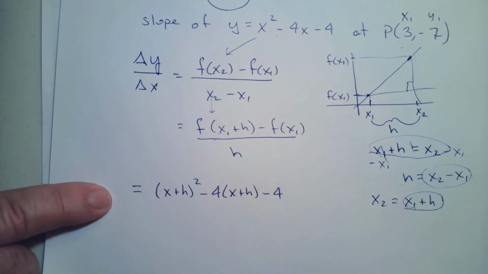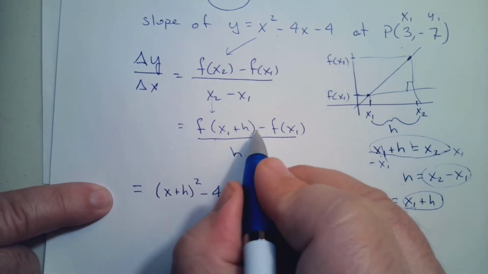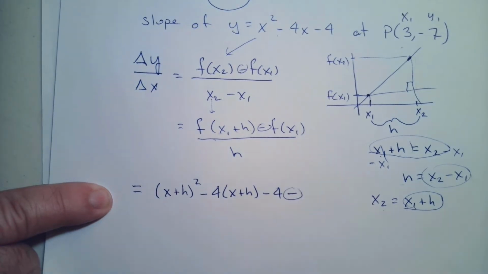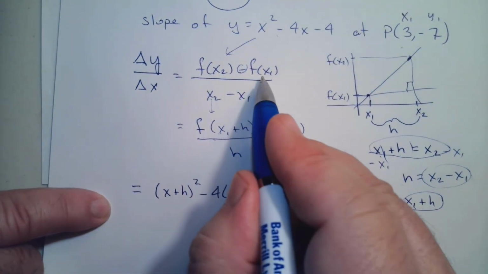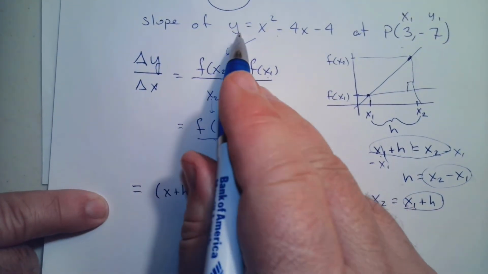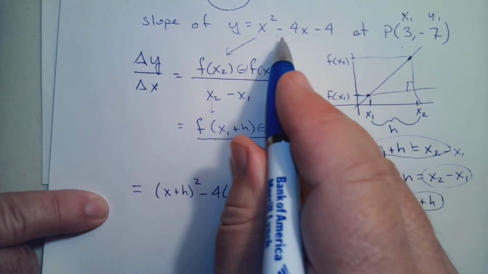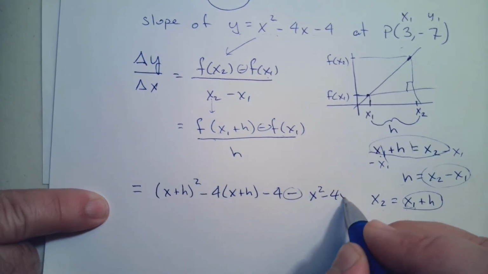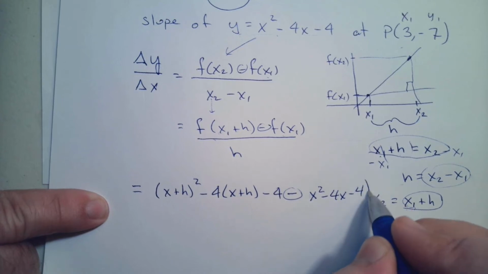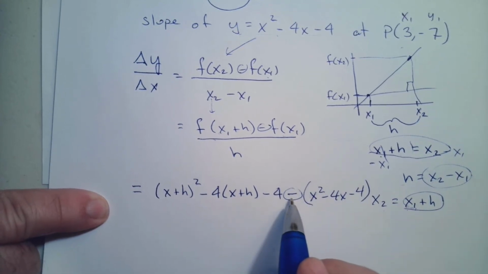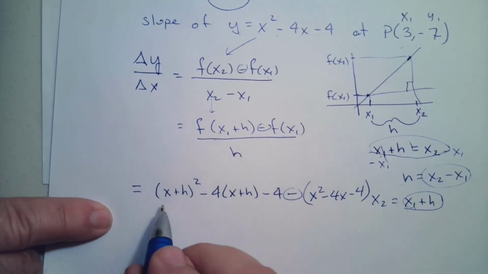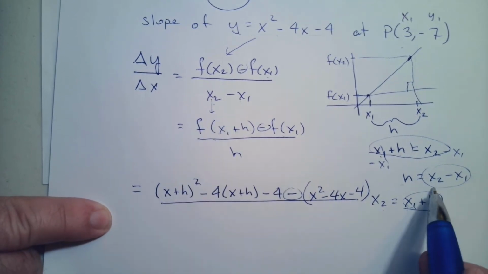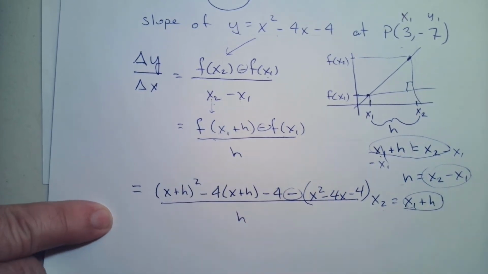Here's the minus sign, and the second one is f of x. So it's x squared minus 4x minus 4. But we have to put it in parentheses because that negative sign is going to change all the signs. x2 minus x1 is h, so it's over h.